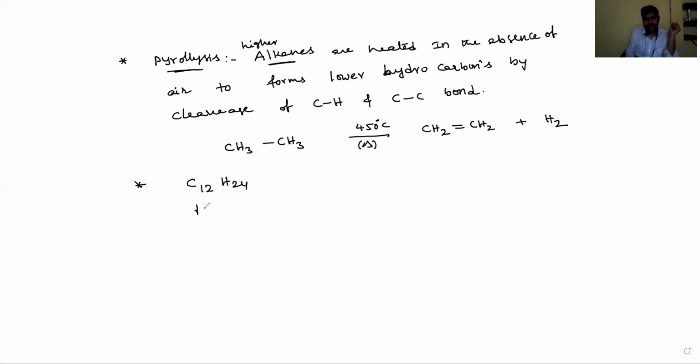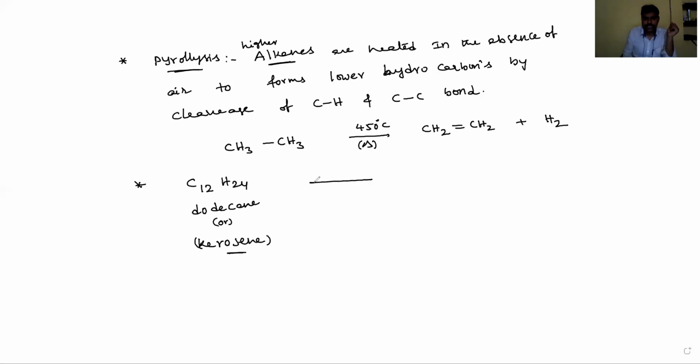It is called dodecane. This dodecane is also used as a fuel, that is nothing but kerosene. We are using this well-known compound called kerosene. Its IUPAC name is dodecane.